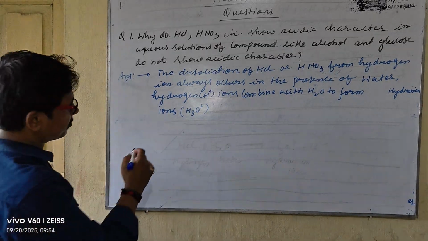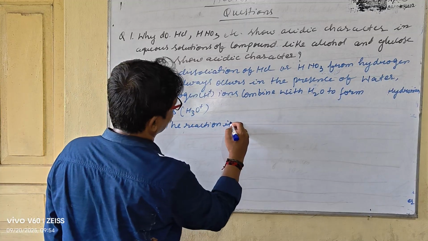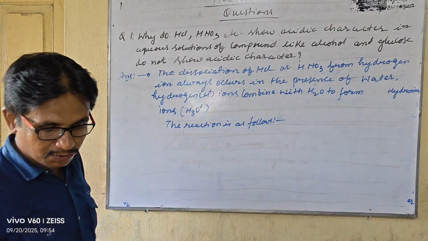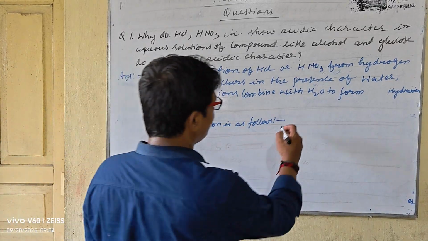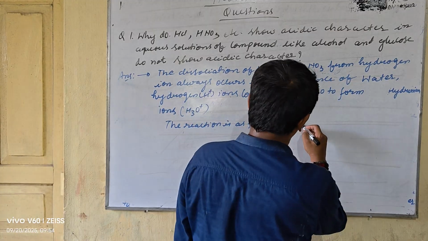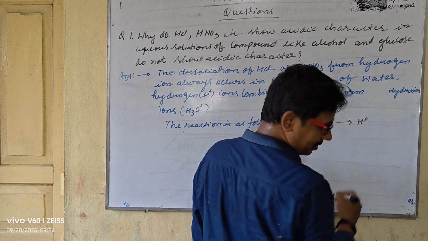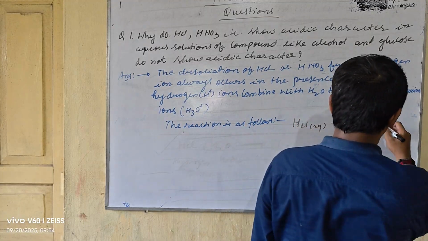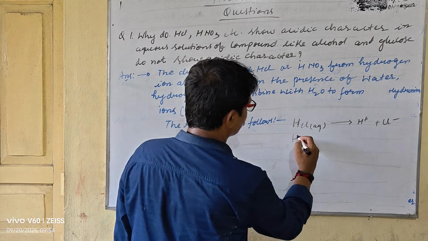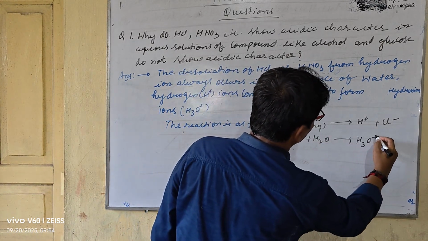So the reaction is as follows: HCl (aq) gives H+ and Cl-, and the second reaction is H+ plus H2O gives H3O+.